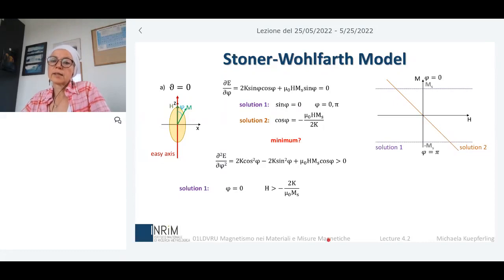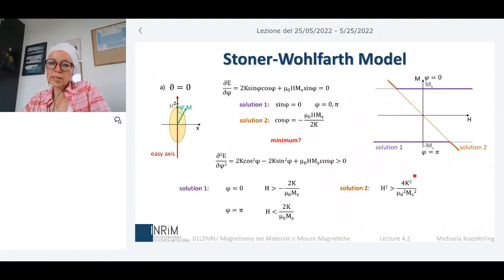If we calculate the second derivative using the solution phi equal to 0, we find that this is a stable solution as long as H is larger than minus 2K divided by mu 0 MS. So above a certain value, we have this stable solution. On the other hand, for the solution pi, H has to be smaller than 2K divided by mu 0 MS.